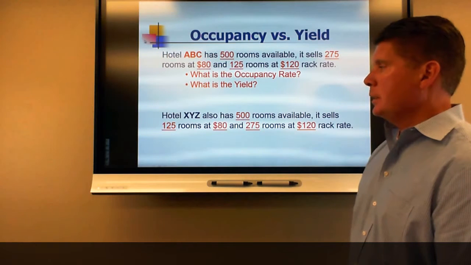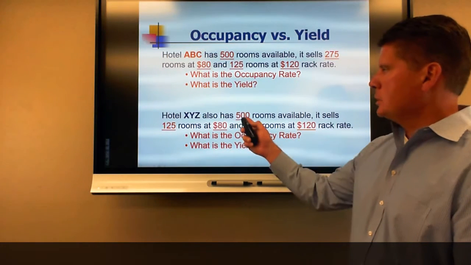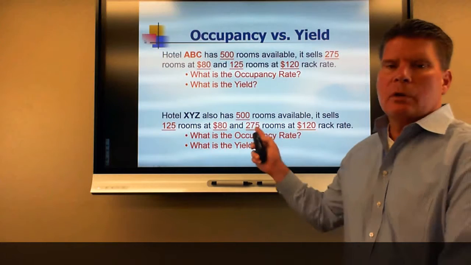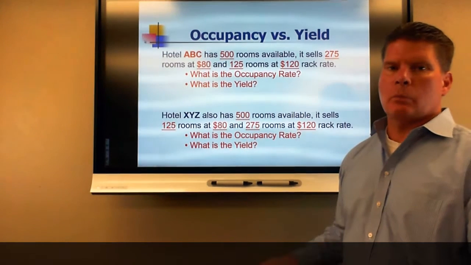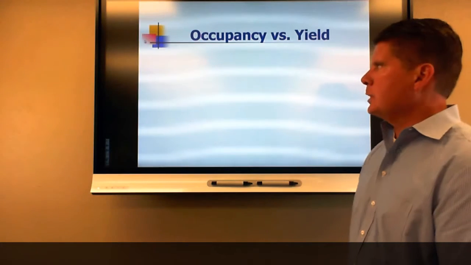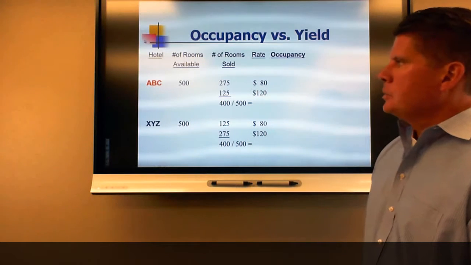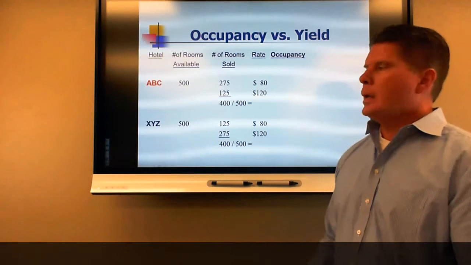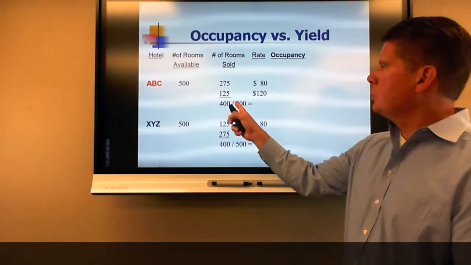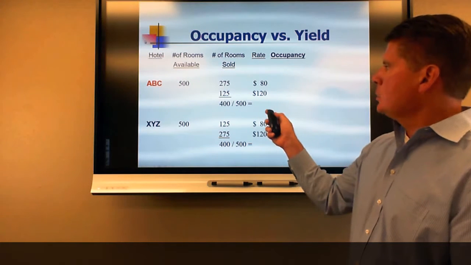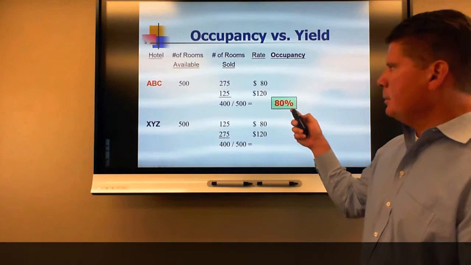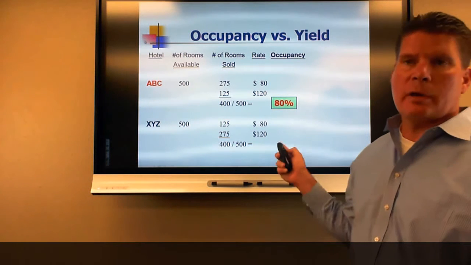Then for Hotel XYZ, we have the same 500 rooms, but we have a different configuration of how many rooms and what the rates were. So let's look at that when we break it all down. For Hotel ABC, we sold 400 rooms of the 500, so our occupancy is 80%. The same is true for XYZ.